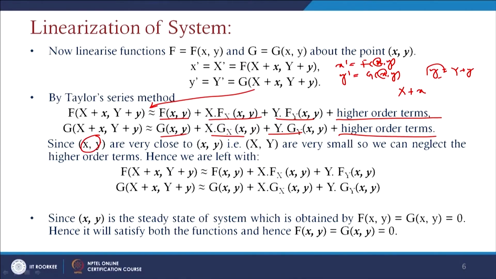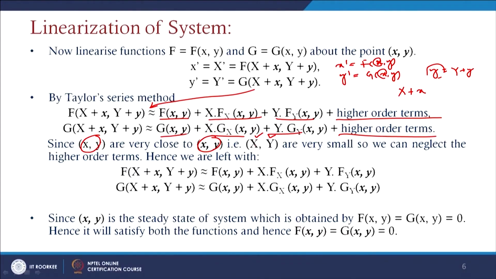Since small x and small y are very close to this steady state point, the perturbed terms capital X and capital Y are very small. We assume these are neighborhood points. Neighborhood points sometimes in the mathematical sense are written with epsilon, as x plus epsilon and y plus epsilon.